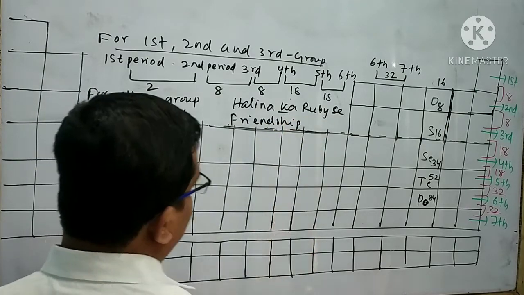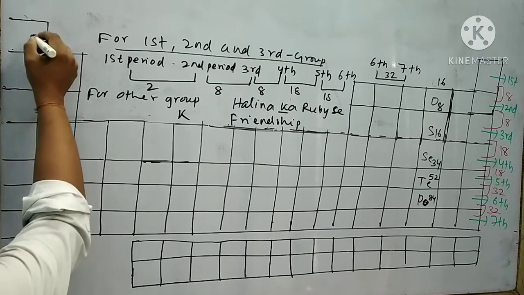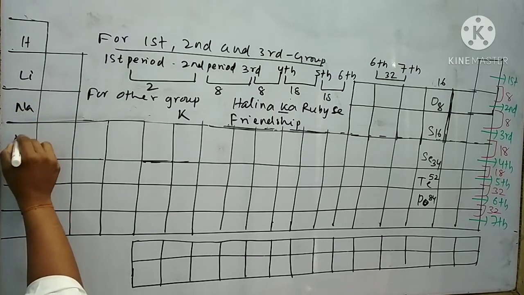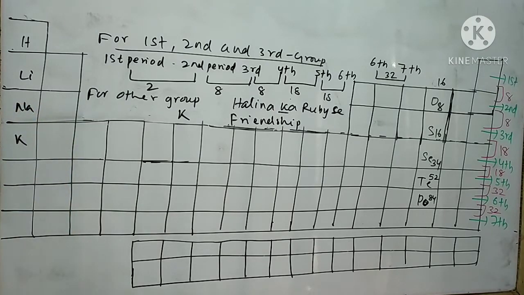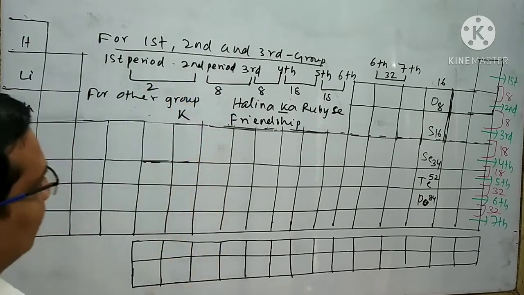This letter K indicates potassium. The group 1 elements are hydrogen, lithium, sodium, potassium. Since potassium belongs to the first group, so we generally follow this trend.